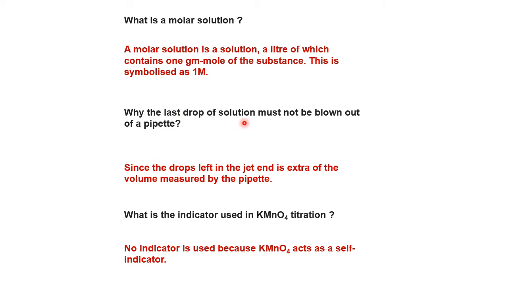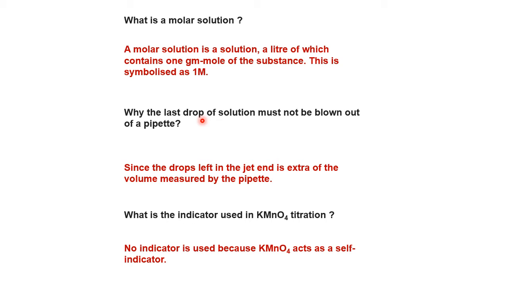Why must the last drop of solution not be blown out of a pipette? Since the drop left in the jet end is extra to the volume measured by the pipette. I told you, whenever I was taking liquid through the pipette, I was sucking. That time, when I transferred whatever content was there inside the pipette into the conical flask, by chance, if any half a drop or one drop is left at the tip of the pipette, kindly don't blow, because the tip volume is excluded from the correct measurement.